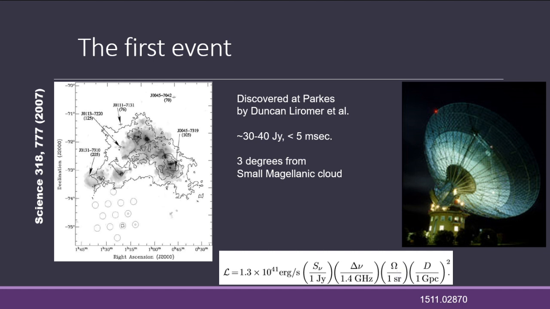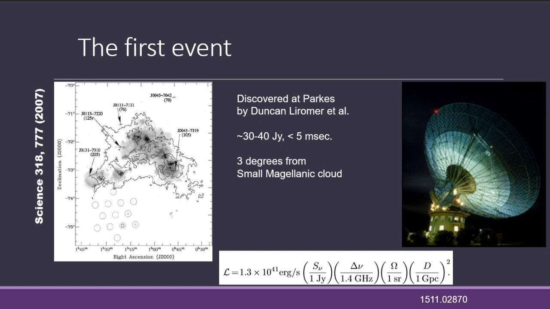Sometimes sources emit isotropically, the same emission in all directions. Sometimes they are strongly beamed. We don't know if radio bursts are beamed or not in this case, and so it is normalized for 1 steradian. The whole sky, the whole sphere, is 4 pi steradian.